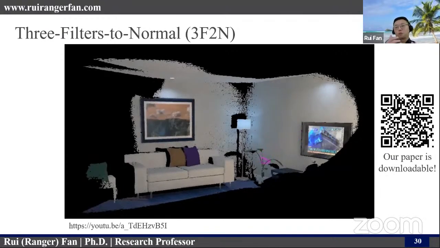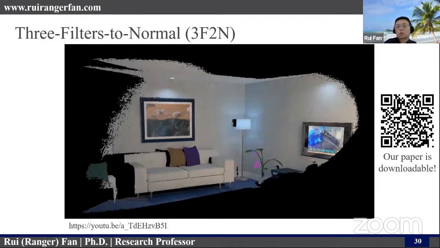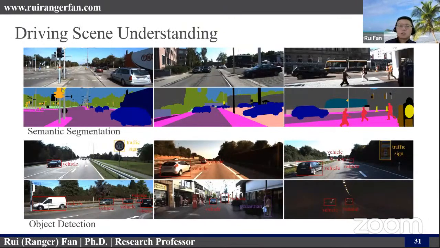It demonstrated that surface normal can bring better 3D reconstruction results. So I think it can be useful information when doing this 3D reconstruction. Let me move forward to the next slides.